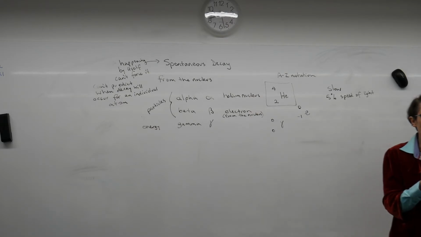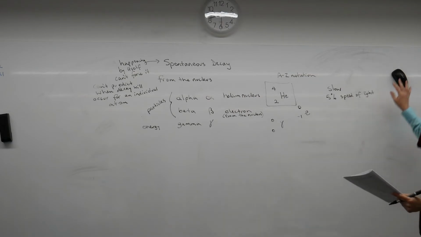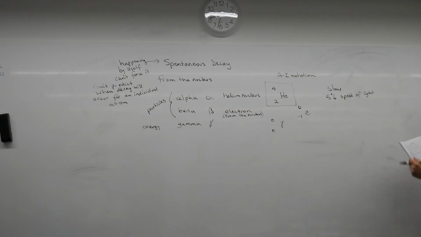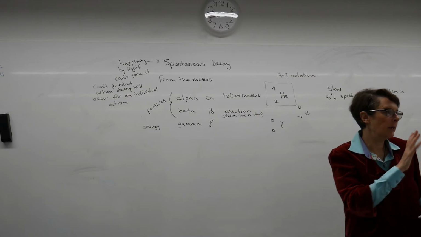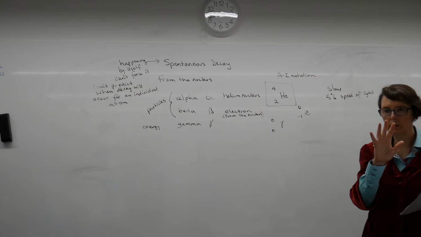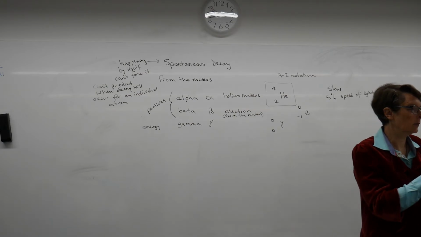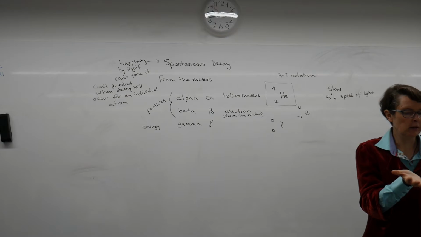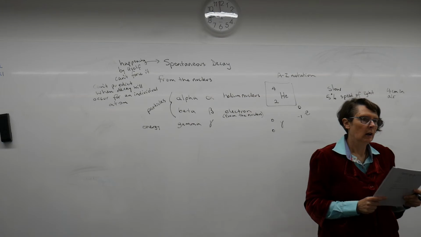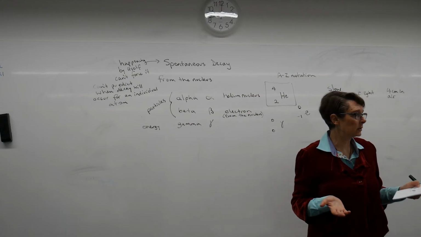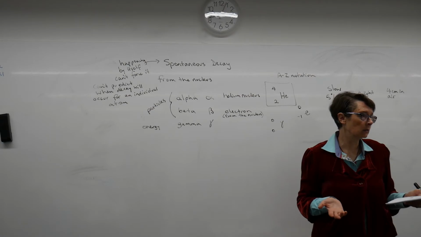It can't go very far, and in fact, most times it's going to penetrate even less than that. Okay, so 4 centimetres in air. And it is stopped by skin and paper. So it can't penetrate the outside of your body. If there was alpha radiation around, it will be stopped by your skin or your clothing. That is a good thing in one sense, but it can also be a bad thing in another.